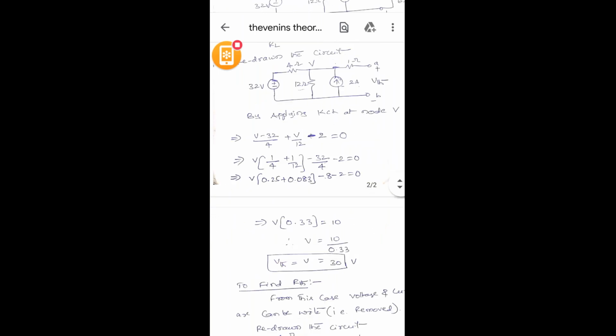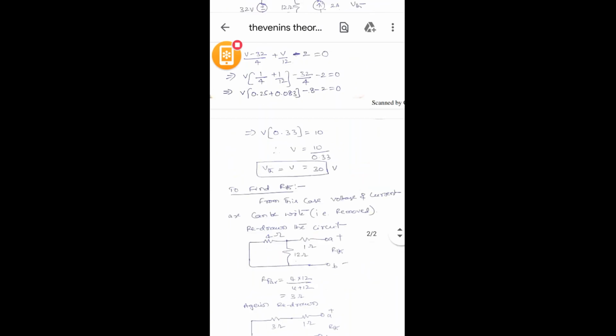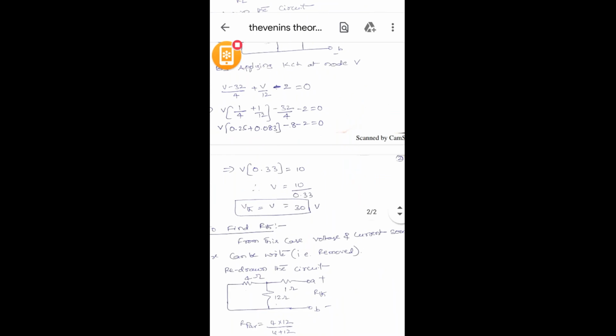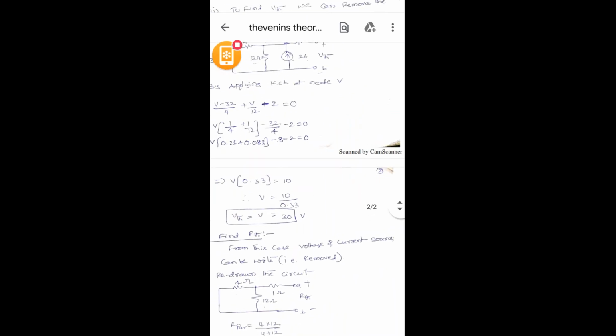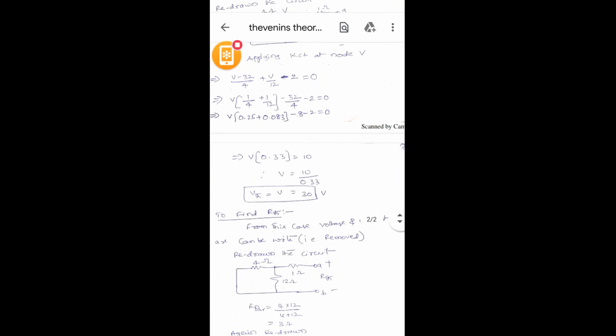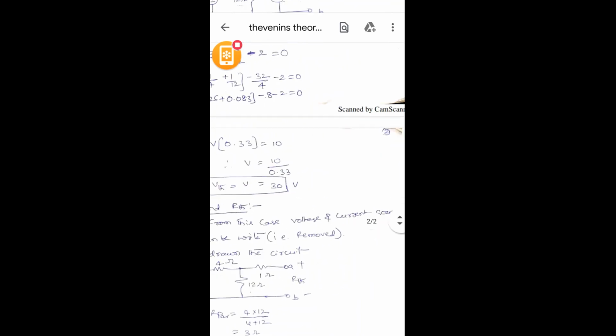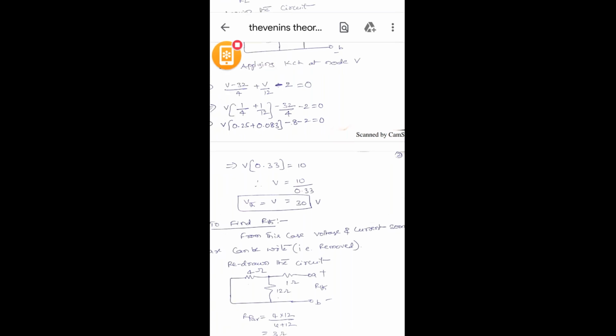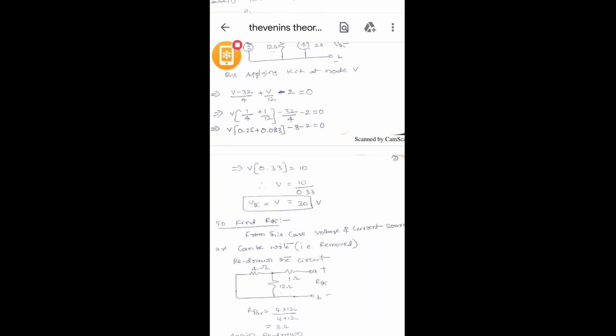Next, to find the RTH value, the voltage and current sources are turned off, and we draw the circuit like this: 4 ohms, 12 ohms and 1 ohm connected across the A and B terminals.